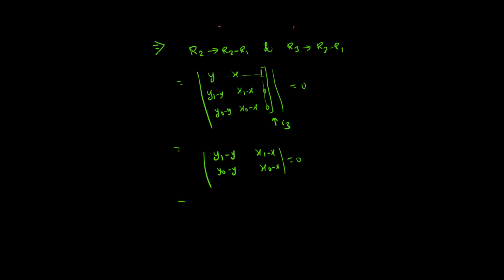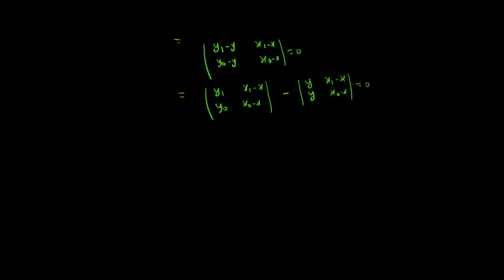Now we will use some properties of determinant. Now we can rewrite this determinant as y1 x1 minus x, y0 x0 minus x, and minus this way, y x1 minus x, x0 minus x, and this will be equal to 0. Again we'll use some properties of determinant.